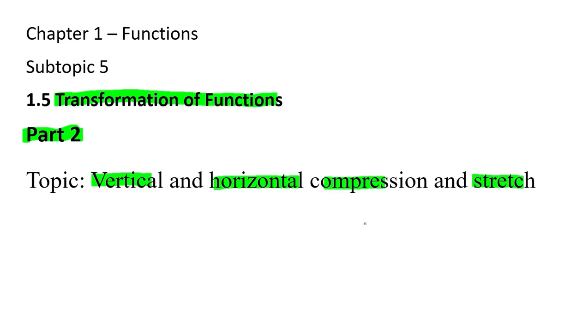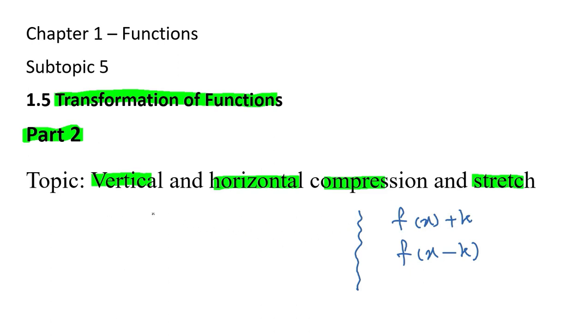So we learned about shifting up and down, left and right: f of x plus k shifts up and down, f of x minus k shifts right and left. Now we want to know what happens if a number is multiplied by f of x.